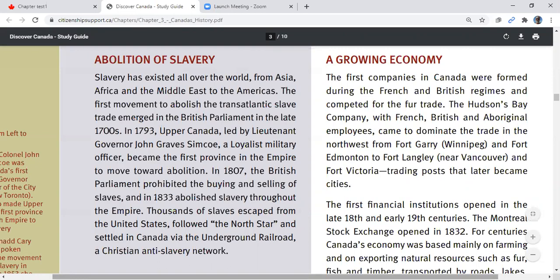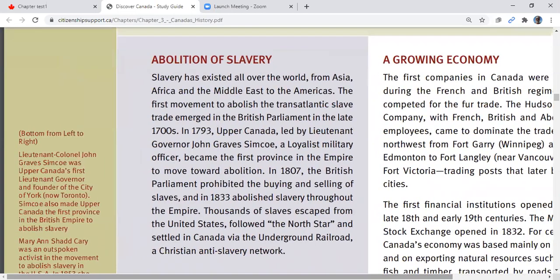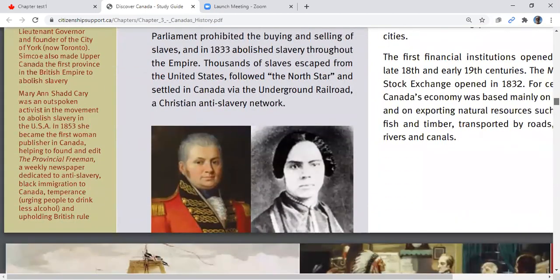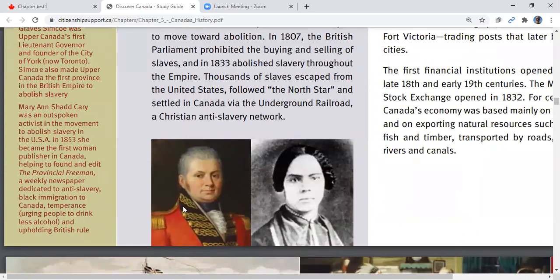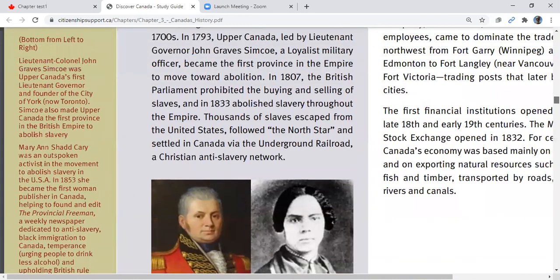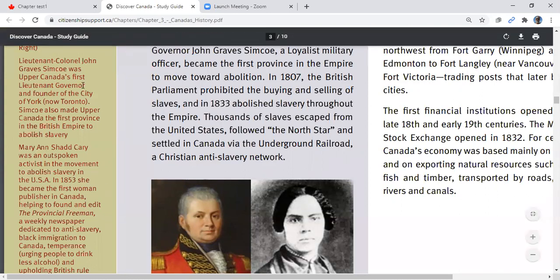I just want to show the pictures at the side here, because this is sometimes a question too. Let's see if we can get the pictures on here. You see the pictures on the bottom of your screen there? These two pictures here. This one here is John Graves Simcoe. And he was the first lieutenant governor. It says in the red at the side, you can see in your book there, Lieutenant Colonel John Graves Simcoe was Upper Canada's first lieutenant governor and founder of the city of York.